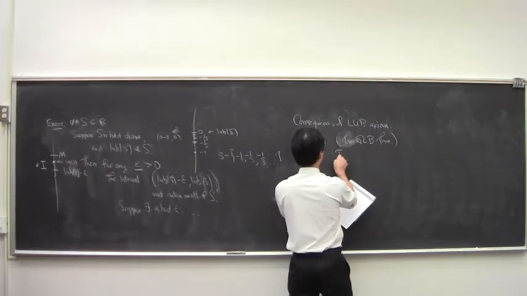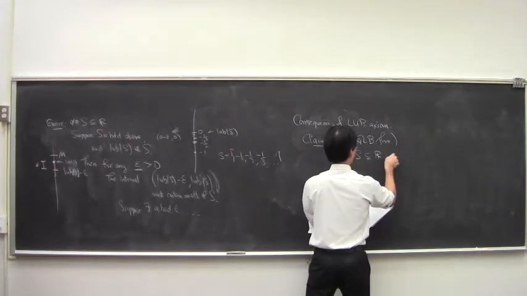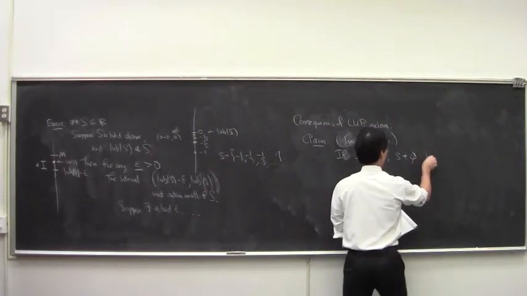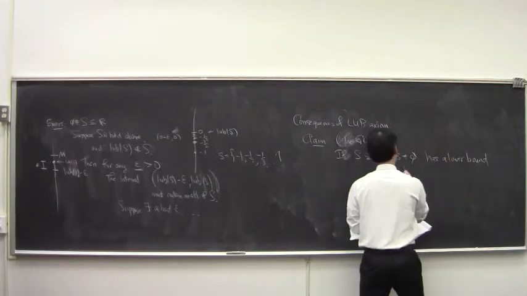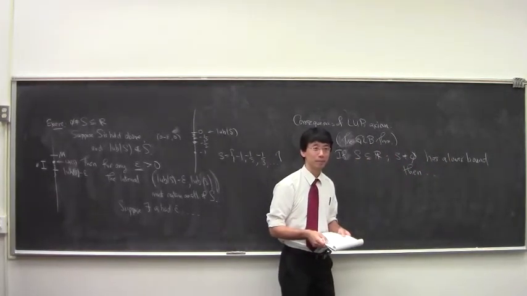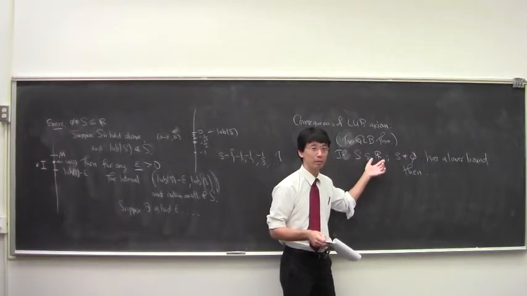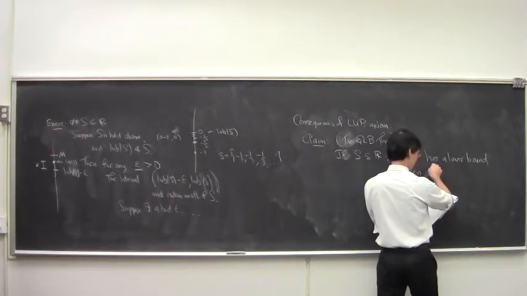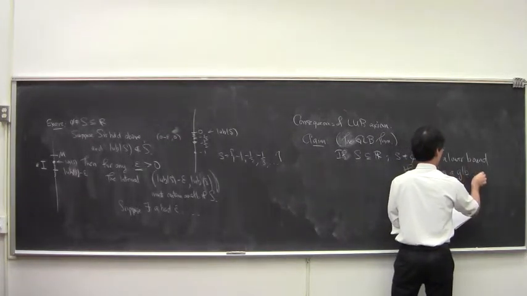Okay. So if you have a non-empty set in R, if this set has a lower bound, then what am I going to say? If you have a set in the reals that has a lower bound, then it has a greatest lower bound in the reals.